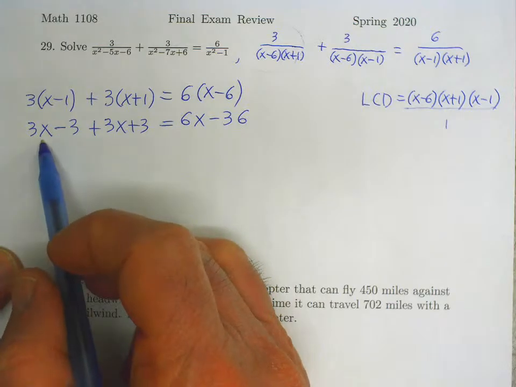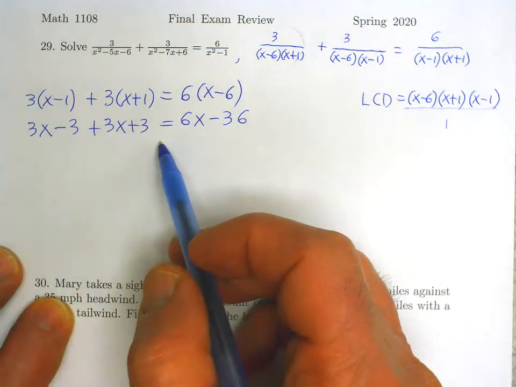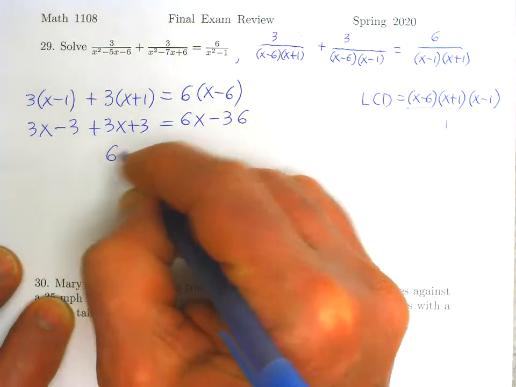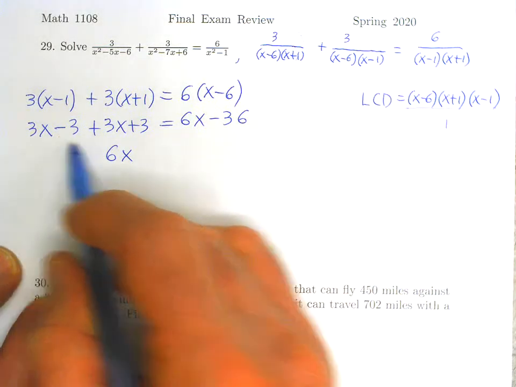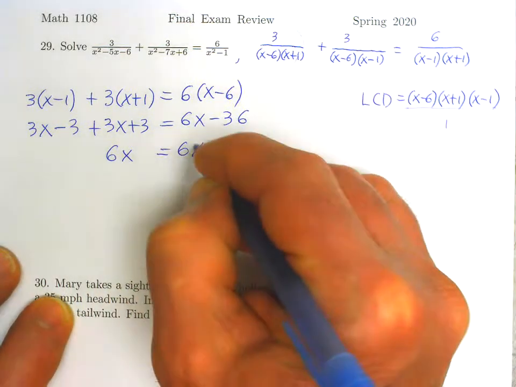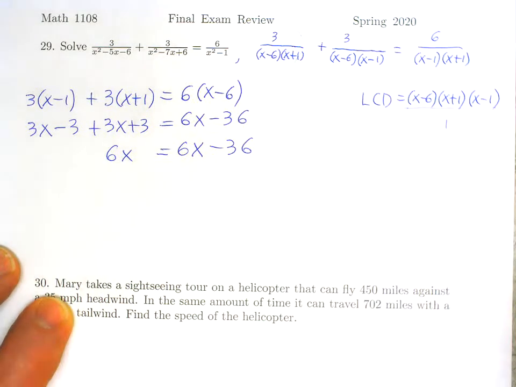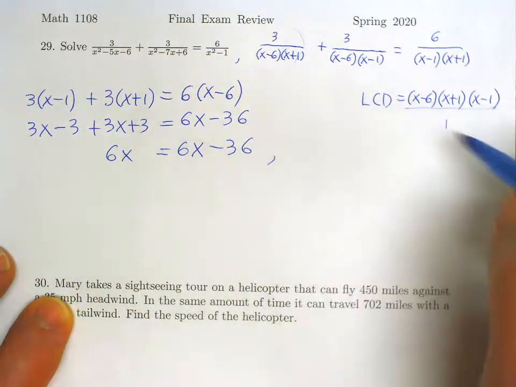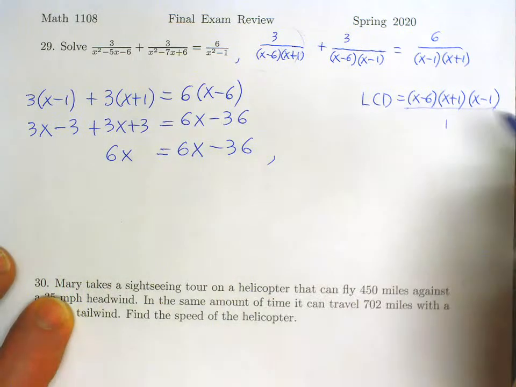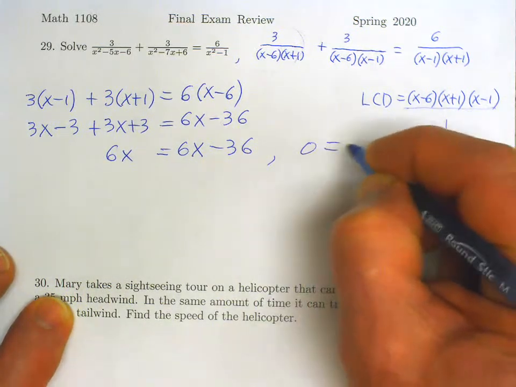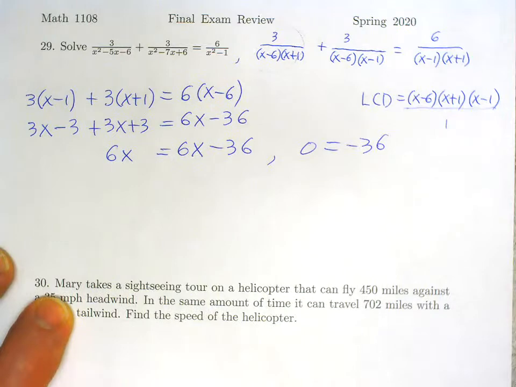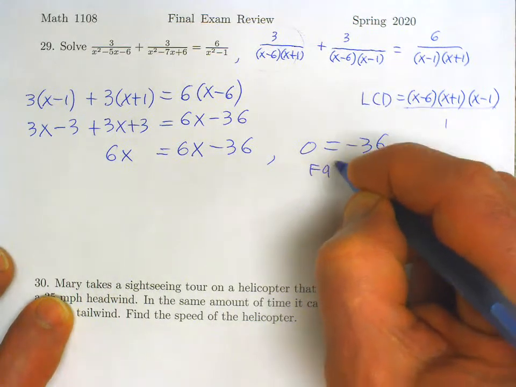Okay, so combine the like terms. On the right-hand side, we get 6x plus 0 equals 6x minus 36. And then subtract 6x from both sides, we get 0 equals negative 36. Well, that's clearly false.